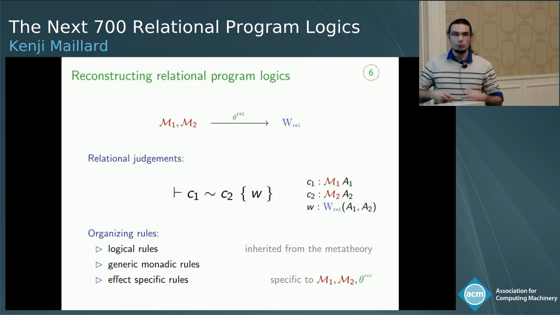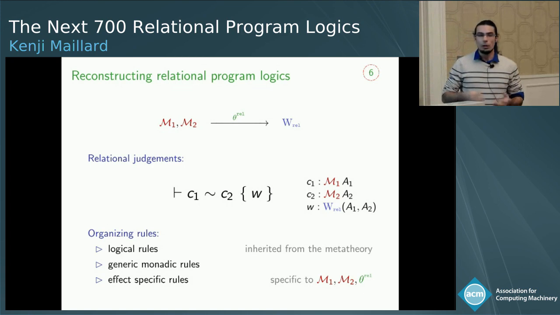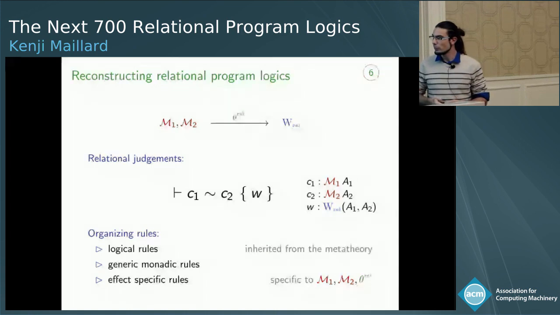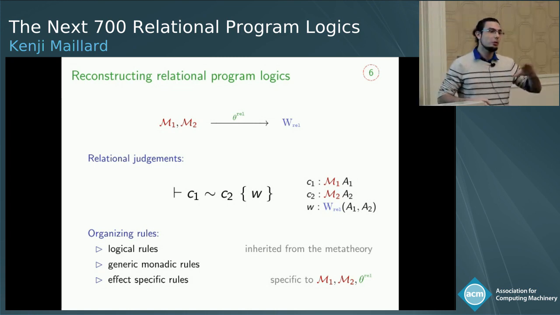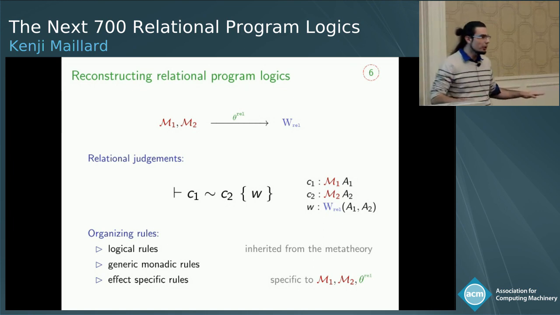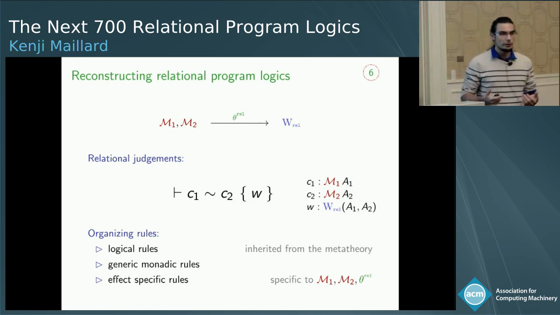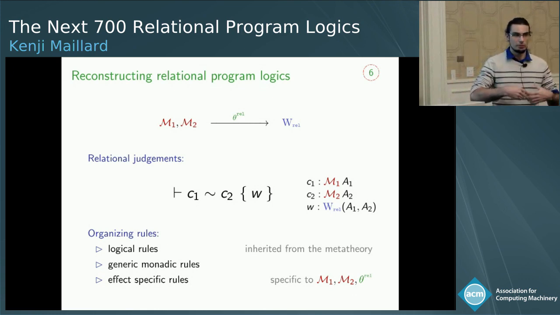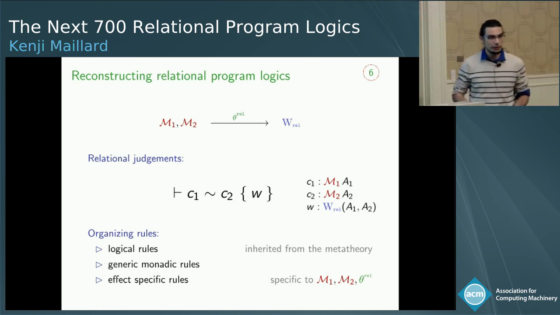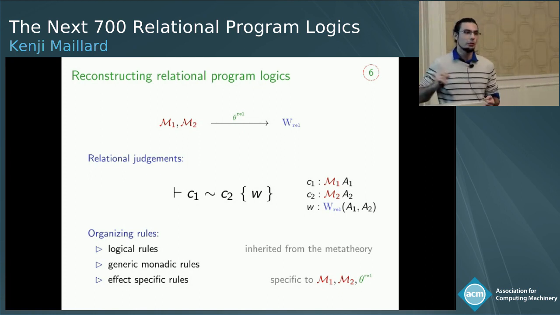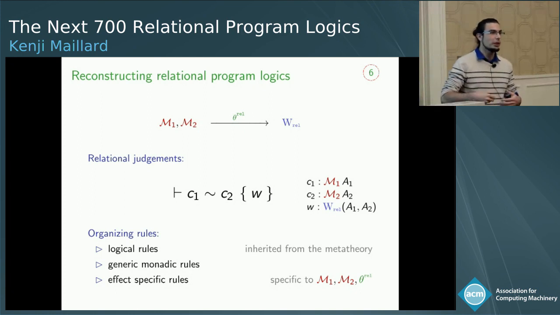Then I will reconstruct rules of my relational program logic, organizing them with respect to their behavior with respect to effects. So I will have logical rules that are totally independent of the underlying effects, what I call generic monadic rules that talk about effects, but about the monadic interface of effect, and effect-specific rules that will actually poke at the actual content of my computational monad and the way I interpret them to be validated.